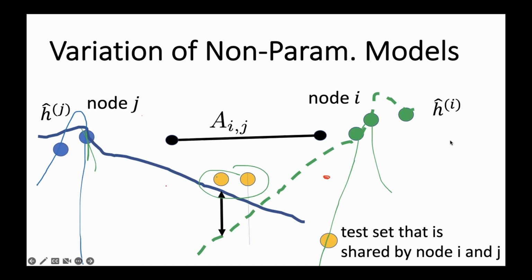I'm not sure what you mean by connected local data set. We have local data sets at each node, and we have a test set that is shared by all nodes, or at least by each pair of nodes.